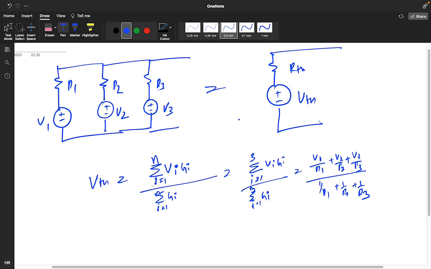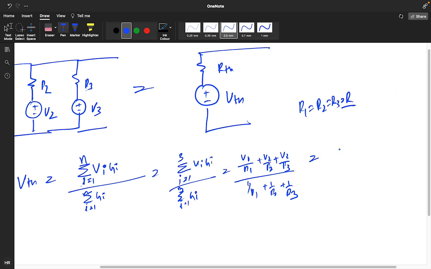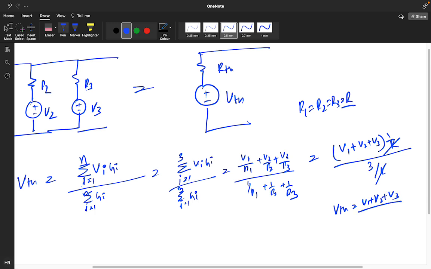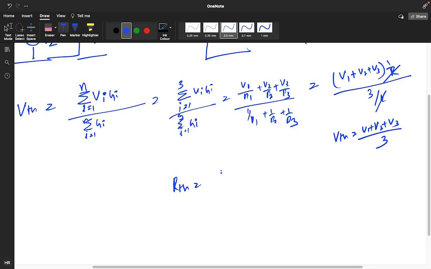Suppose the R1, R2, R3 values are all equal to capital R. So what you will get is V1 plus V2 plus V3 times 1 by R, divided by 3 by R. So the VTH value is V1 plus V2 plus V3 by 3, and the RTH value will be 1 by R1 plus 1 by R2 plus 1 by R3, inverse.